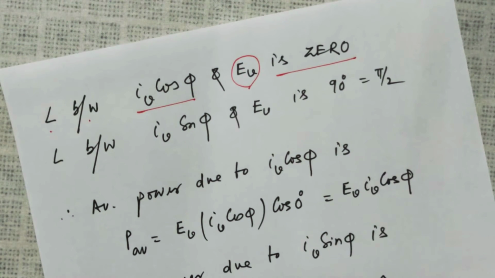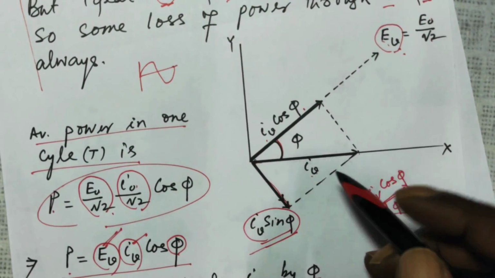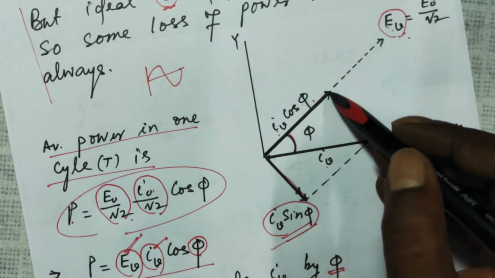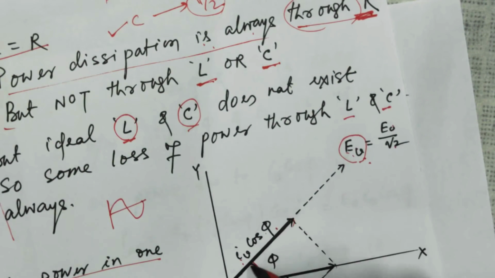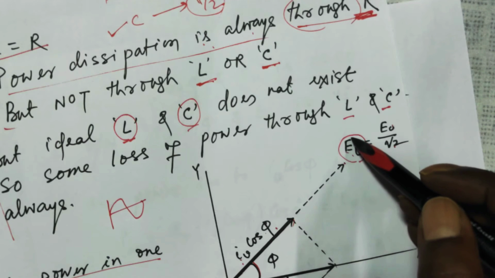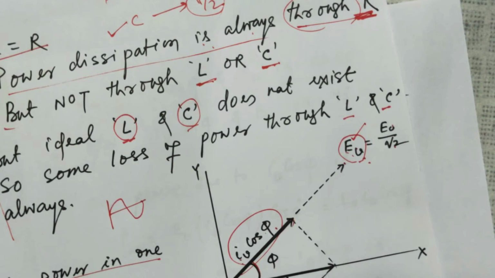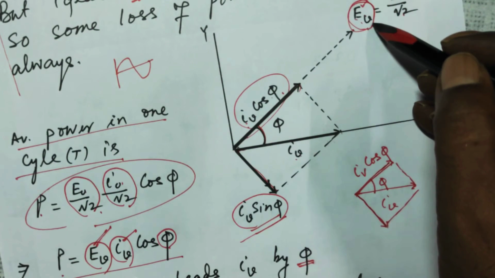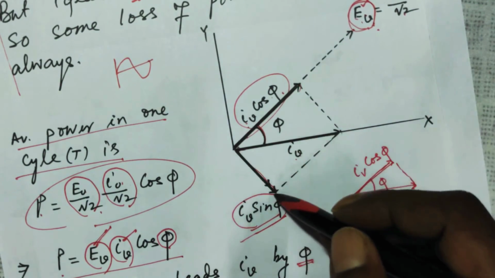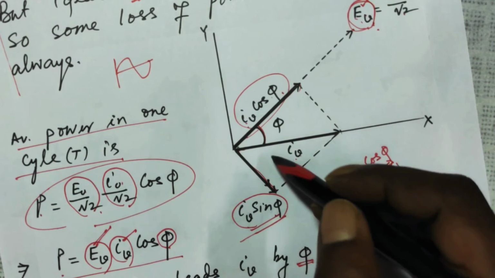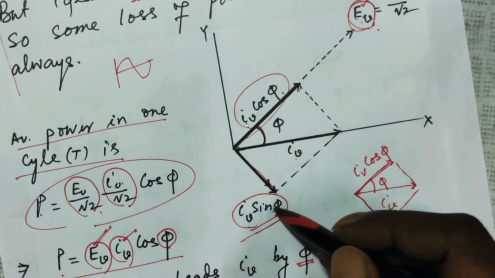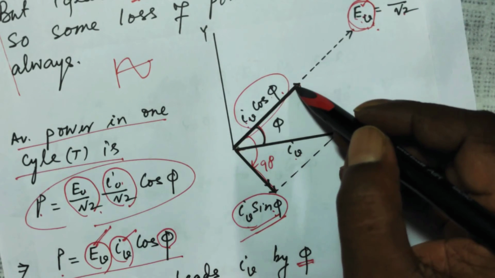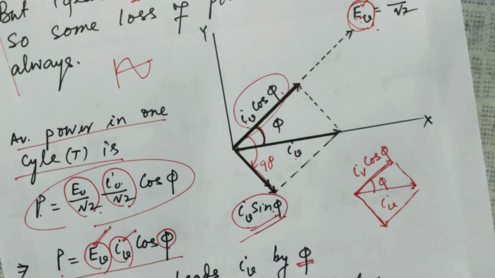Look, IV cos phi is to this side, and your EV is also in the same direction. So the angle between EV and IV cos phi is equal to 0. And the angle between EV, the virtual voltage, and the component IV sin phi is equal to 90 degrees.